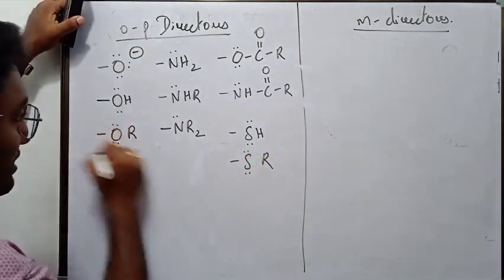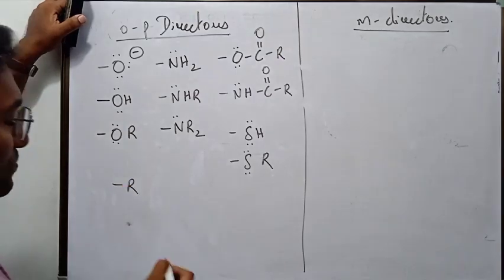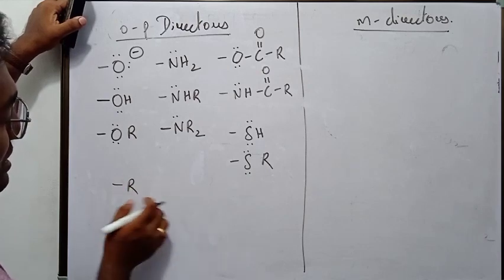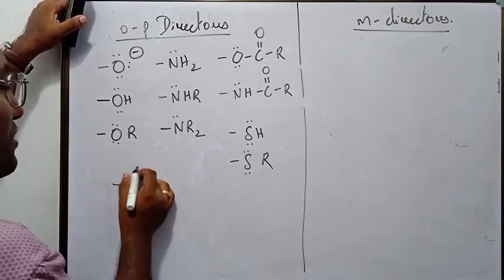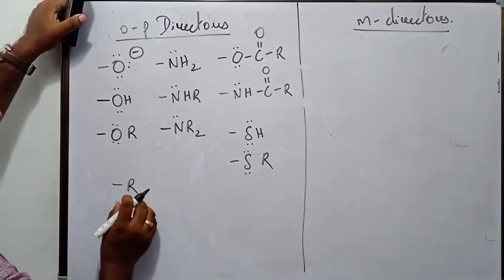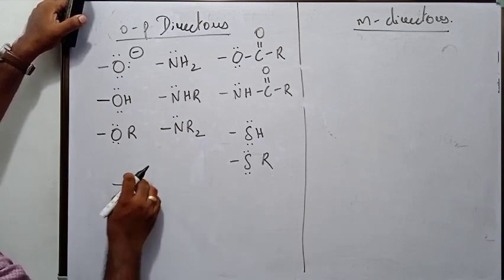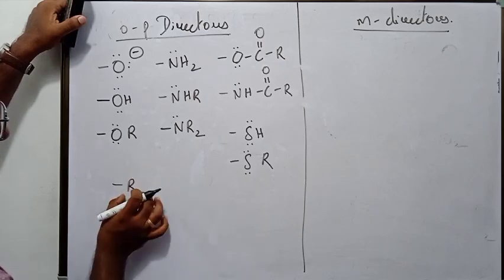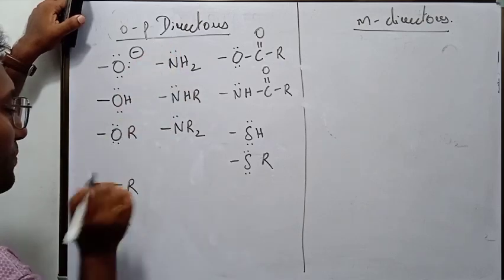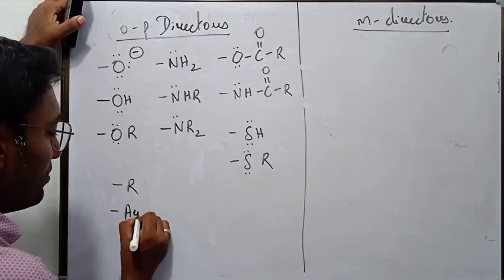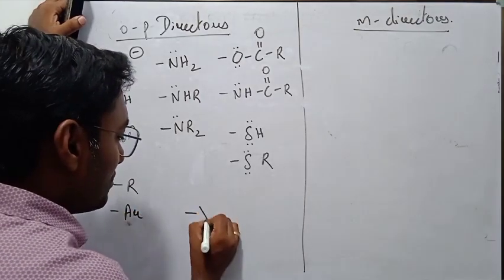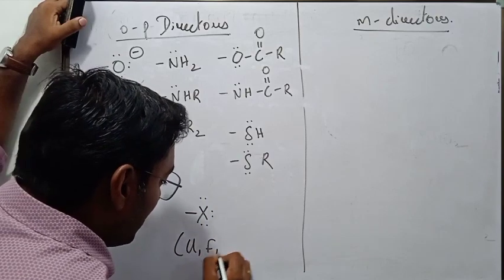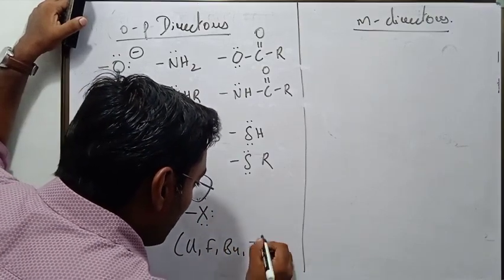Other than that, there are alkyl groups. They have an electron pumping effect, so they pump electrons to benzene. How does it give electrons? By hyperconjugation. We will see in the upcoming videos how it gives electrons to the benzene ring. Alkyl groups and halogen groups, Cl, F, Br, I, all come under ortho-para directors.